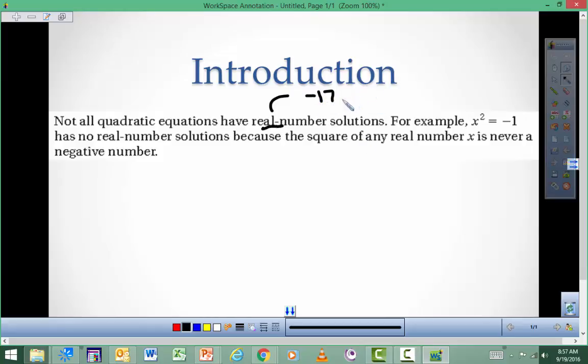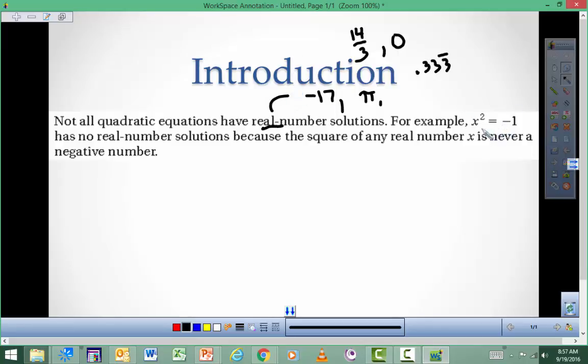Fractions, it includes all the fractions, 14 thirds, for example. It includes 0. It includes numbers that repeat, like one third is 0.333 repeating, right? So it includes those kind of numbers. It even includes pi, which is this number 3.14159 that goes on. And so real numbers include a whole lot of different types of numbers here.